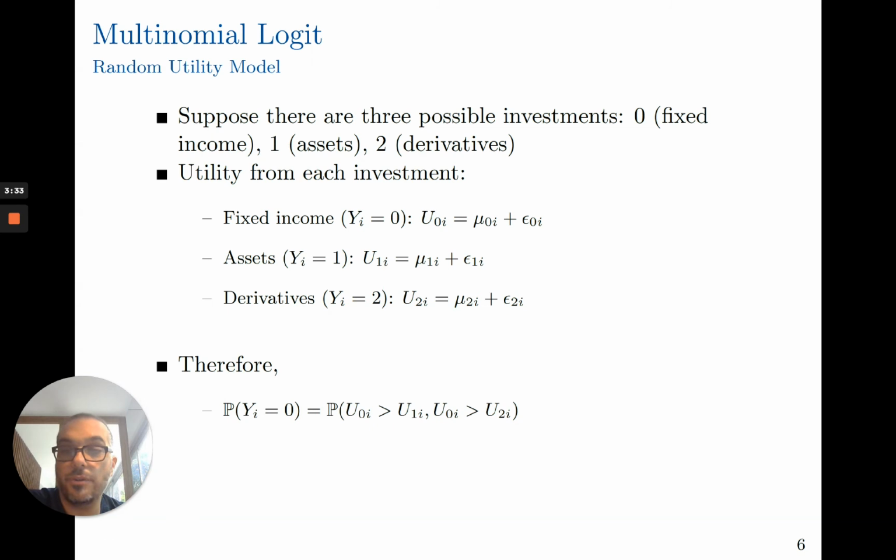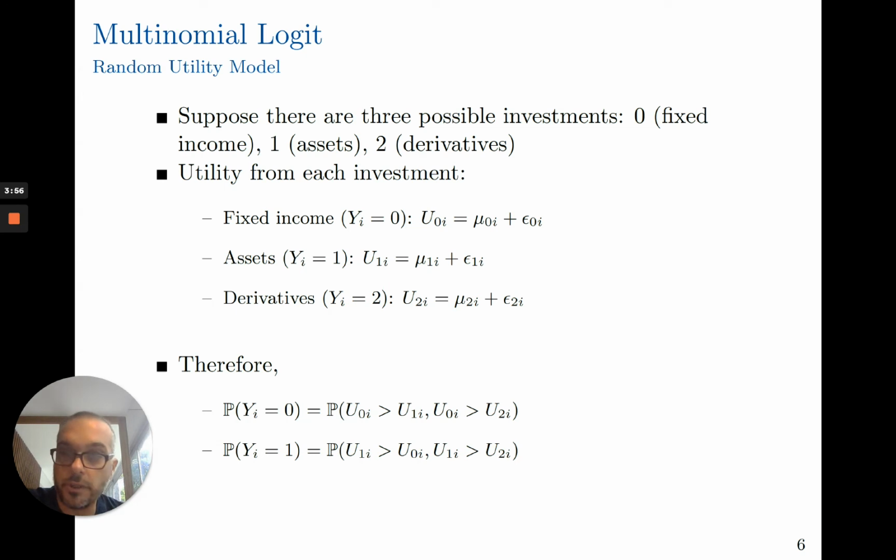So we can define the probability of investing in fixed income as the probability of the utility of fixed income being larger than the utilities of the other two investments.